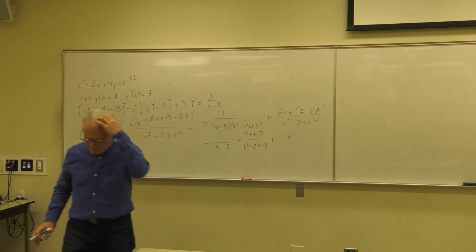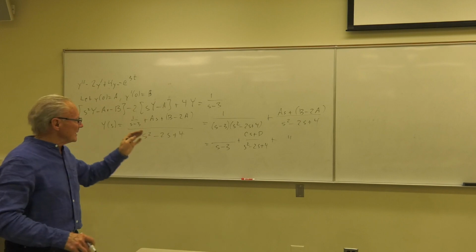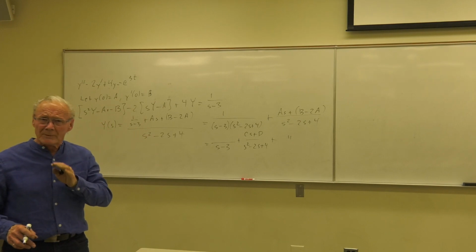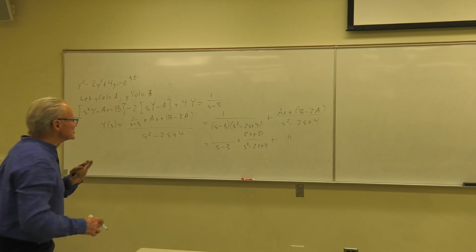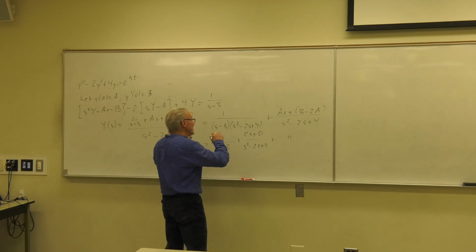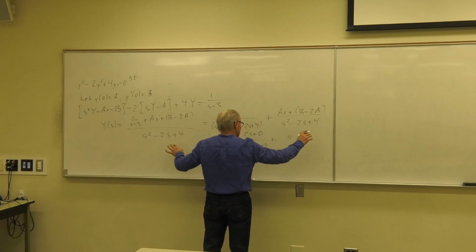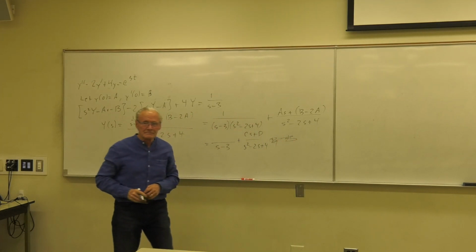But remember, I'm looking for a general solution. Right now, I interpret what A and B were a minute ago. Do I care? No. All I want is two arbitrary constants. So what I'm going to say is, if I were to do this partial fraction decomposition, I would end up with something that looks like that.